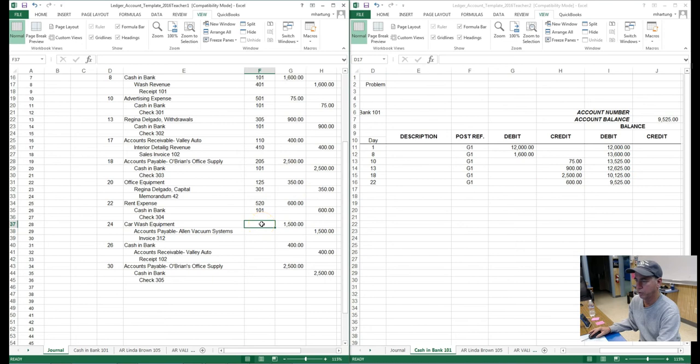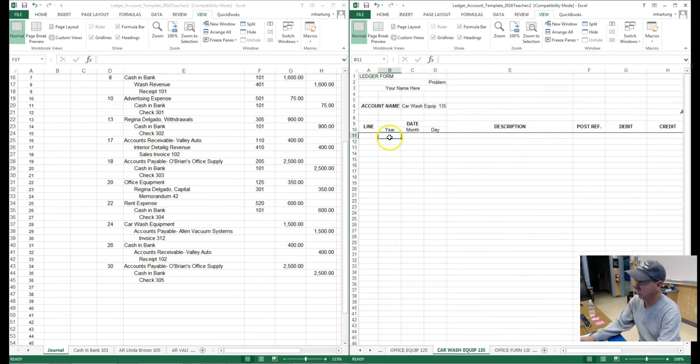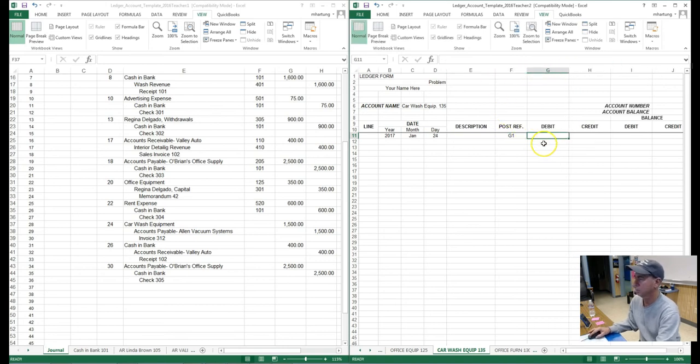Similar fashion. Car wash equipment. Another asset. How did we pay for it?